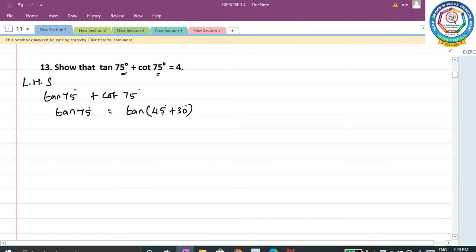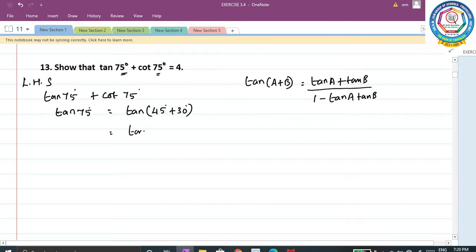Now it is in the form of tan of a plus b. We know the formula tan of a plus b equals tan a plus tan b by 1 minus tan a into tan b. Instead of a place 45 degree, b place 30 degree.